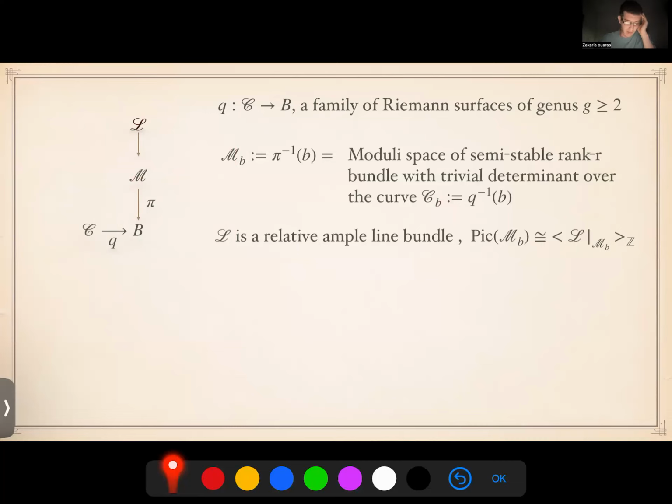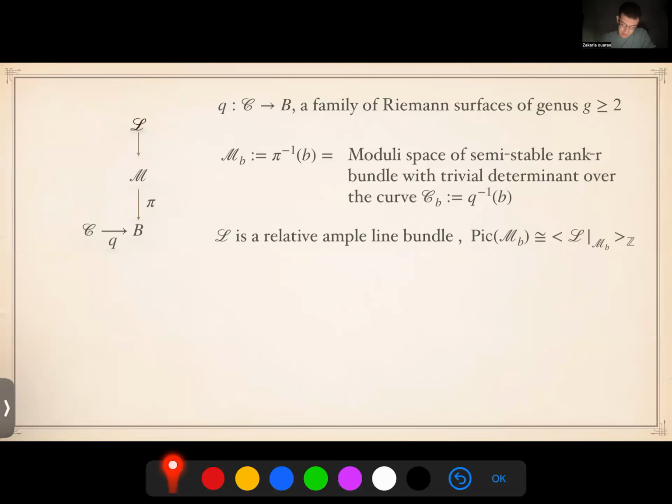And L is what we call the relative ample line bundle, which means that the restrictions to the fibers give us exactly the ample generators of the moduli space given by the fiber.